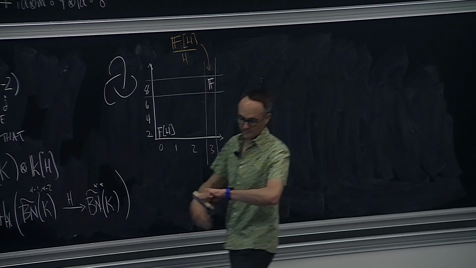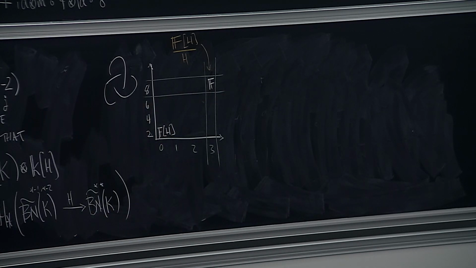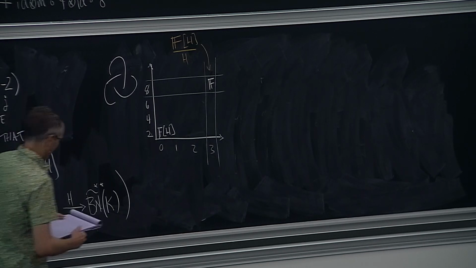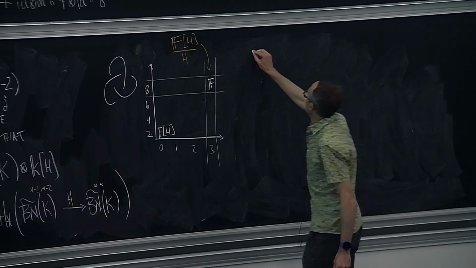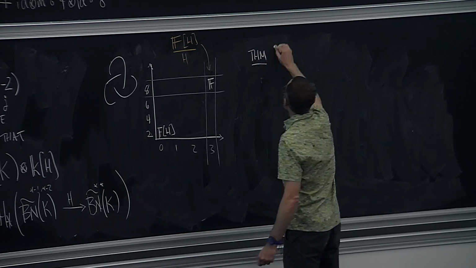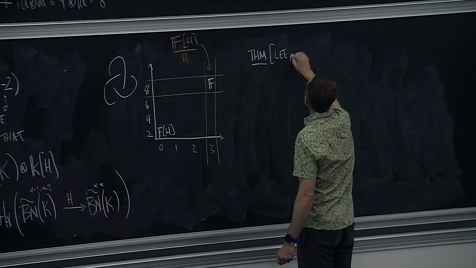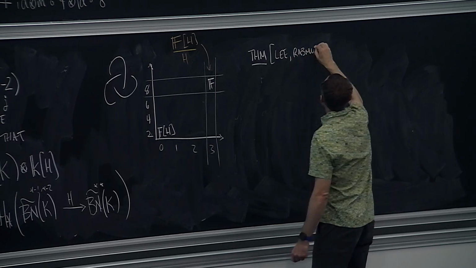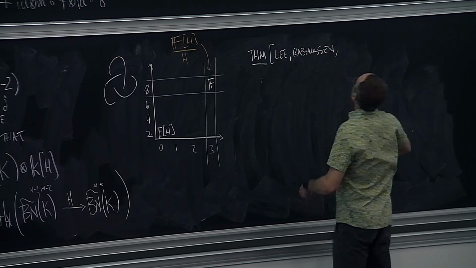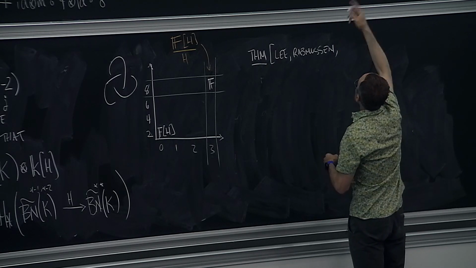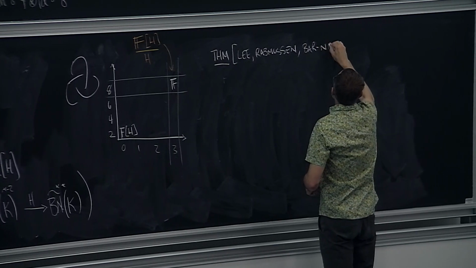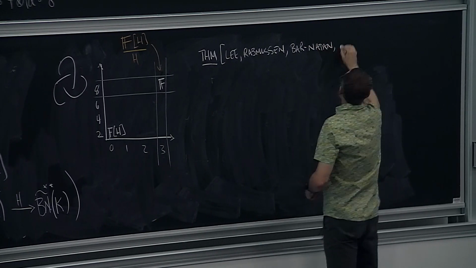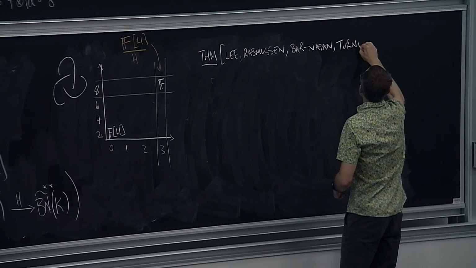Now I want to just bring this back to your favorite type D structures. First thing I want to do is tell you the key theorem here, which collects work of Lee, Rasmussen, this more general homology theory that shows up in Bar-Natan's paper as calculated by Turner.